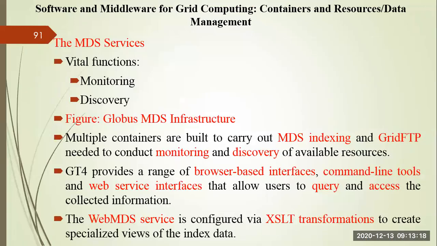Now, if you see here, the GT4 provides a range of browser-based interfaces. You are interacting with any one. If you go for BOINC also, there is a portal or an application through which you are accessing the things, right? So there may be multiple containers you have seen in the Globus MDS infrastructure.